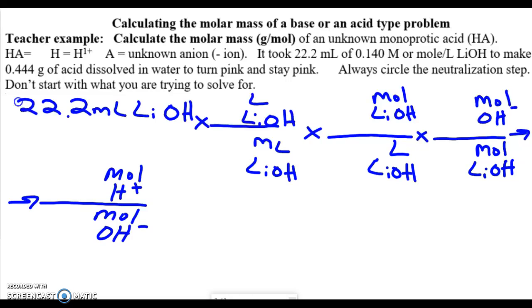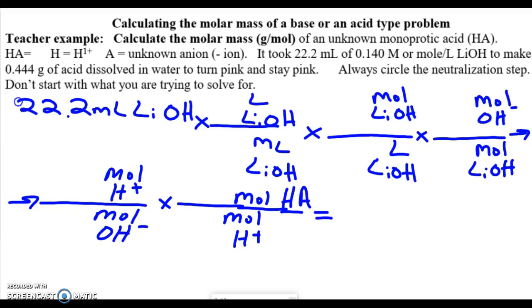Whatever's on top goes on the bottom of the next step. Moles of hydrogen ion to moles of our acid. And we don't know what our acid is, so that's HA. And we stop. We need the moles, and then we need the grams. We take the grams divided by the moles at the end in a separate problem, and we have our answer.